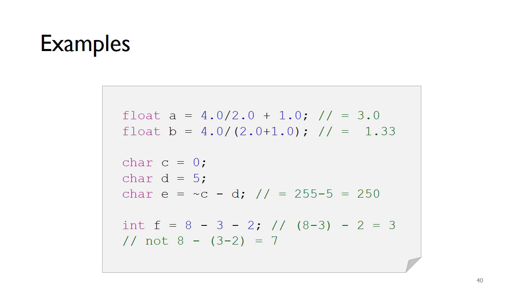So we'll do the left one first. 8 minus 3 obviously gives us 5, and then we'll do 5 minus 2 to give us 3. So this will not give us 7. That's not correct. So in this case, because the associativity is left to right, we do the left one first, and then we'll do the right one.